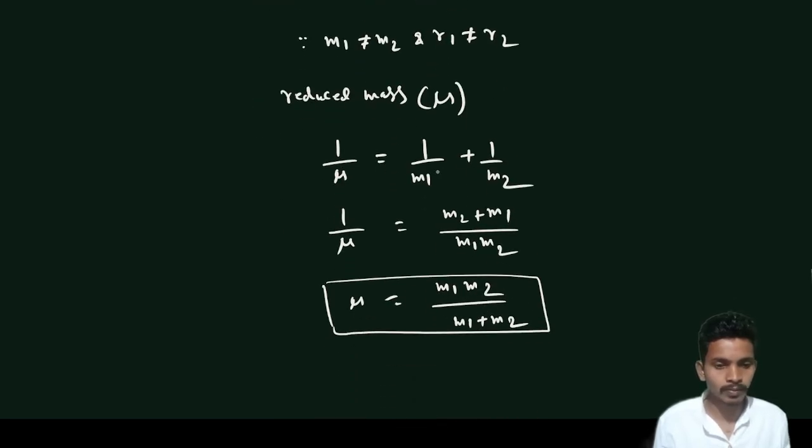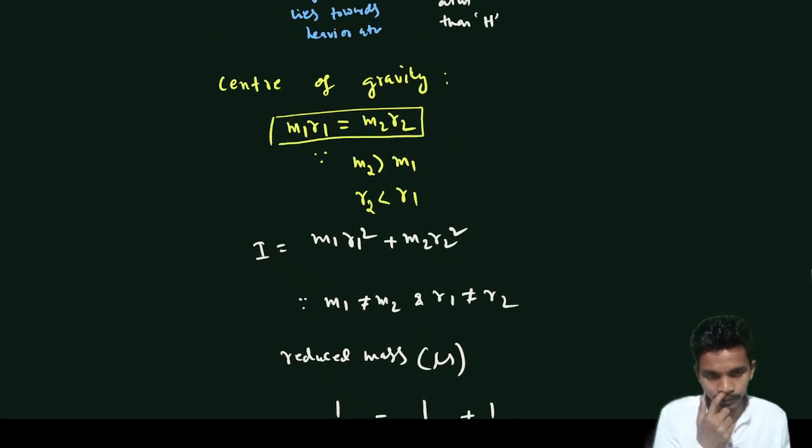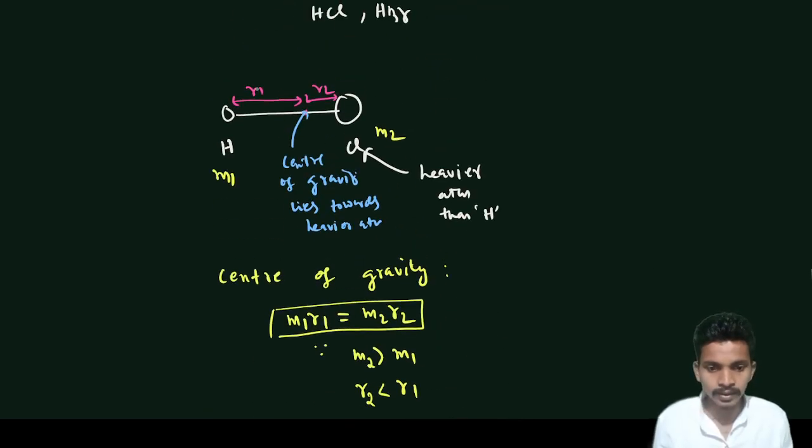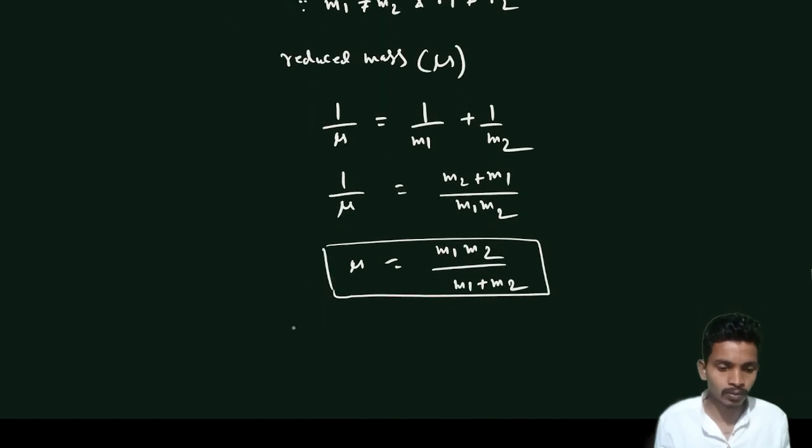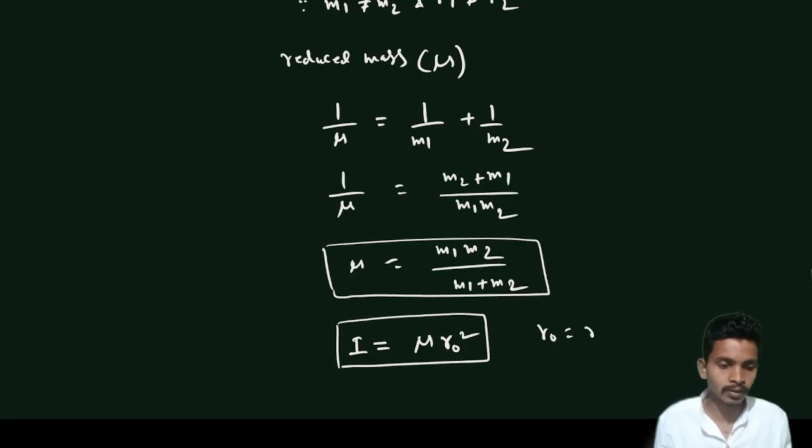So if I put this value here, and also this R1 and R2 are different, so for the total, let's say R0. This R0 is equal to R1 plus R2, so I can use this R. So the total moment of inertia will be mu R0 square, where mu is the reduced mass and R0 is R1 plus R2.